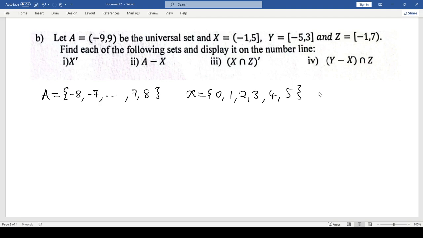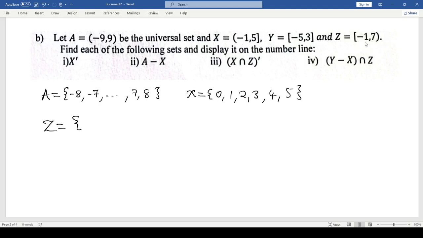Then we also have z there. So for z we have -1 included, and 7 is not included there. So let me just erase this. Okay, so for z there, -1 is included, 7 is not included there.